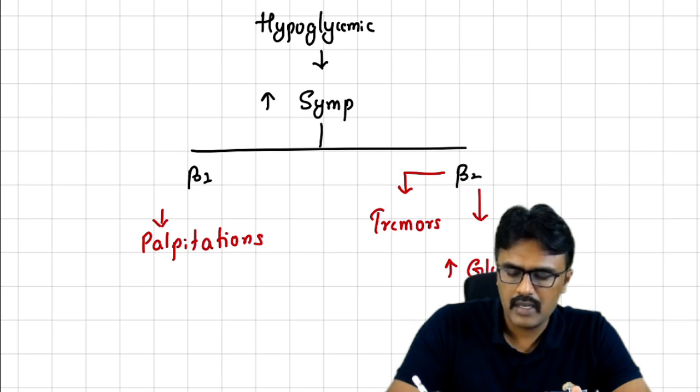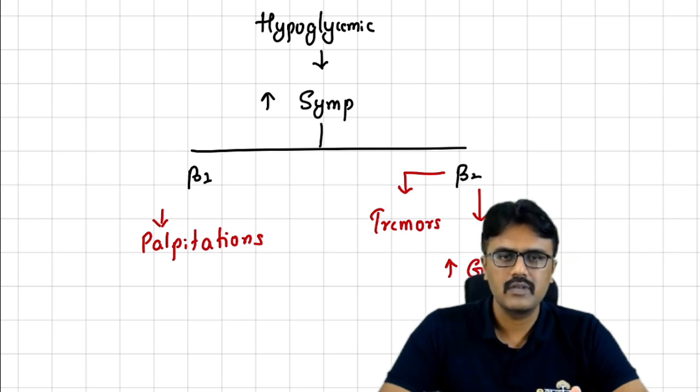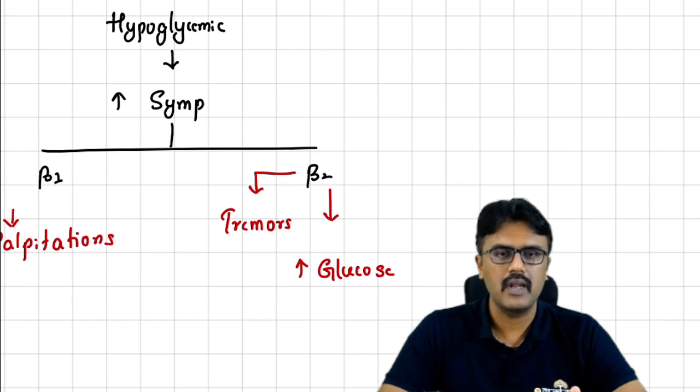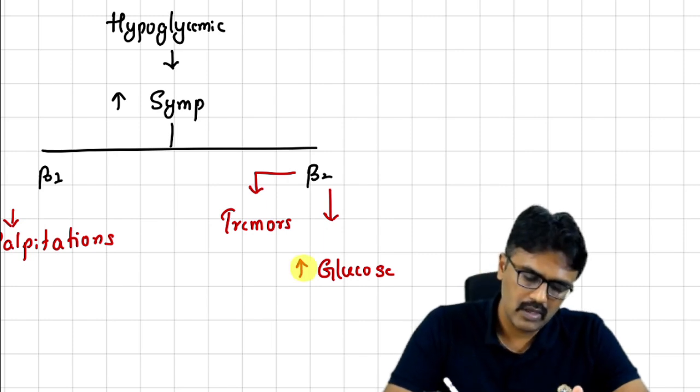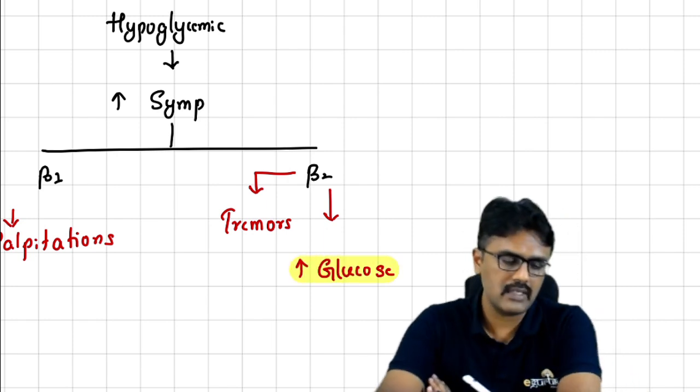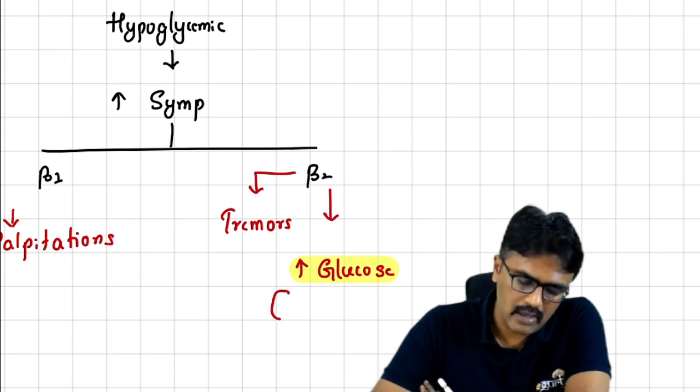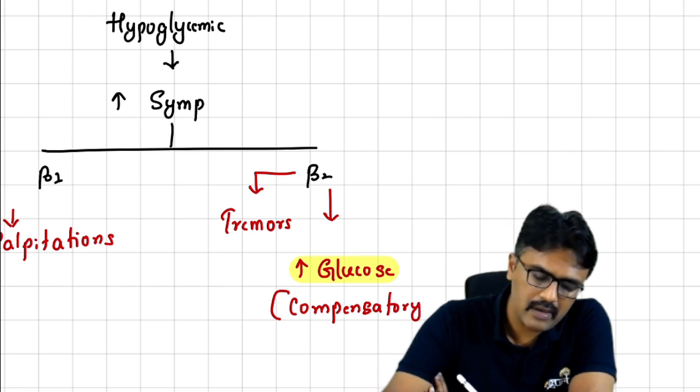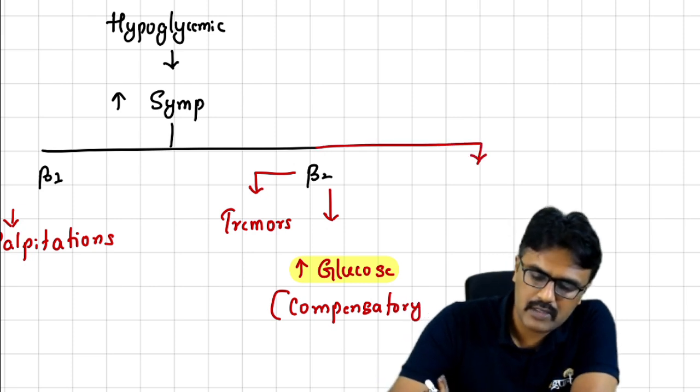We call it as compensatory increase in glucose. So beta 2 acts on this liver and it increases glucose. So this is what we call as compensatory increase in glucose whenever there is hypoglycemia.